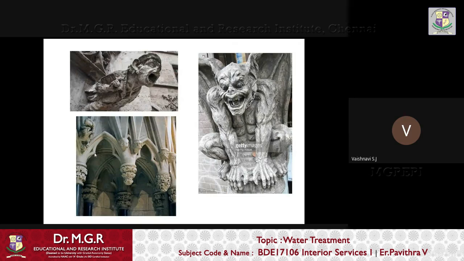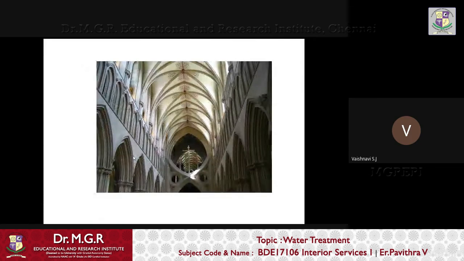They have given ornate decorations near the columns. Okay, so these are the ornate decorations found in Gothic style.